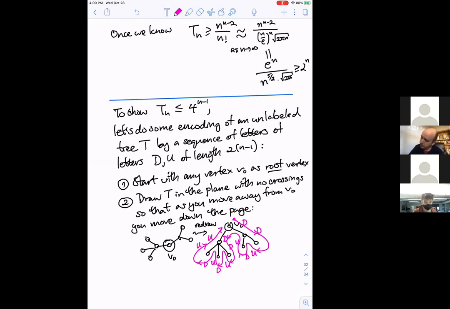Okay, so what do you do? You draw it in the plane. Now you traverse the outer boundary from V0, returning to V0, writing D and U as you go down and up edges.